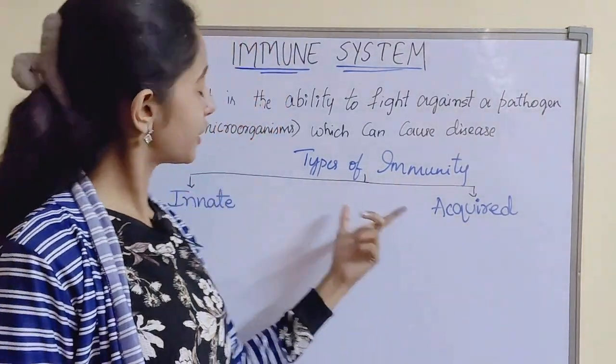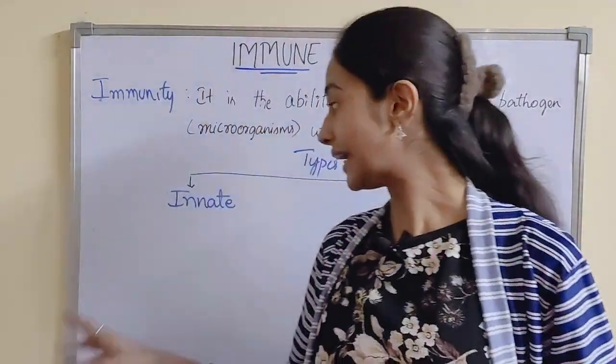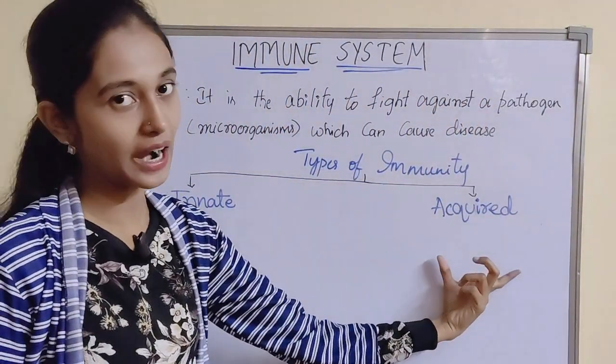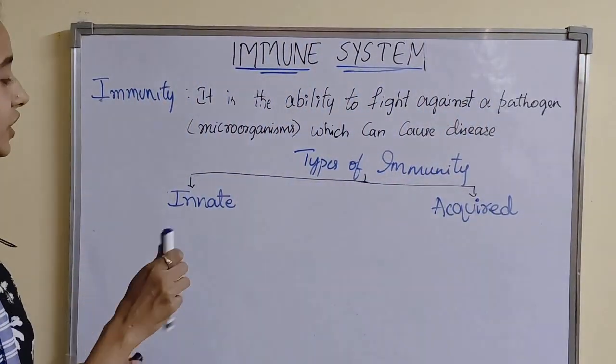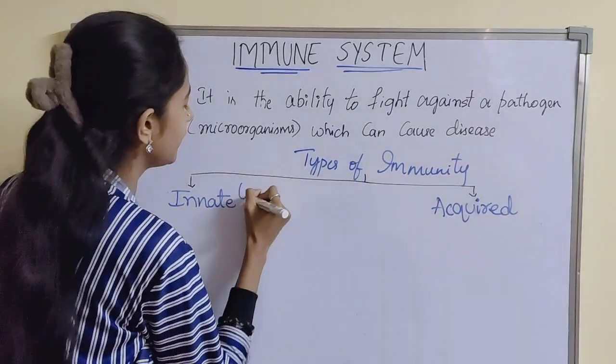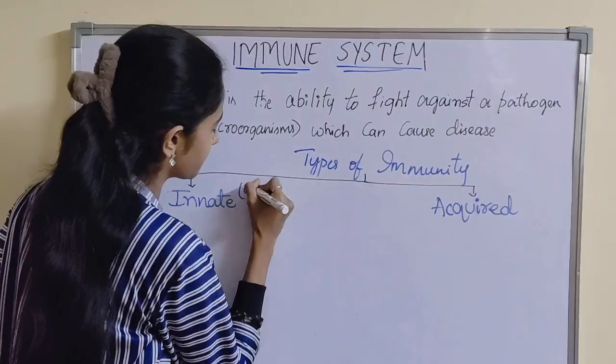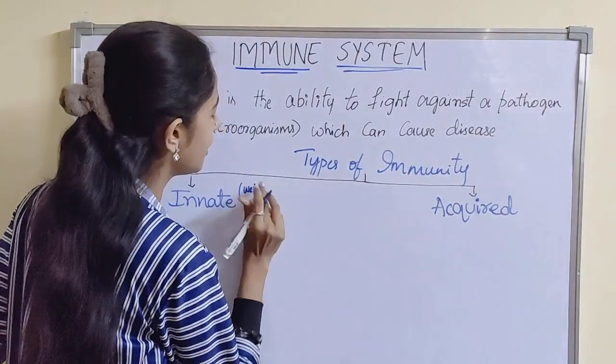Types of immunity. There are two types of immunity, that is innate and acquired immunity. So innate immunity and acquired immunity. Innate immunity ऐसी immunity है जो कि हमारे पास by the birth होती है, that is we are born with it.